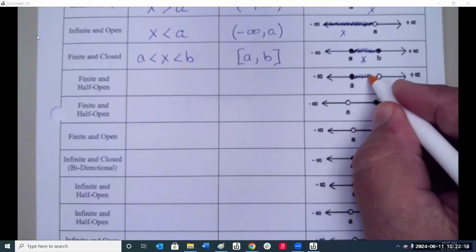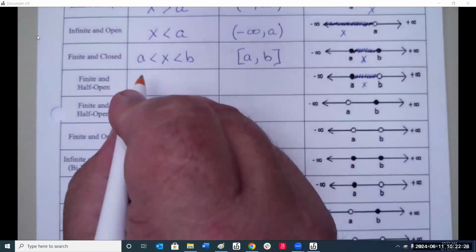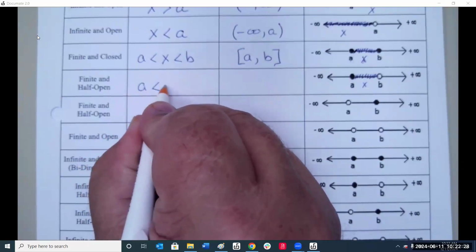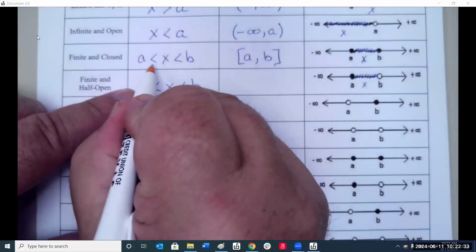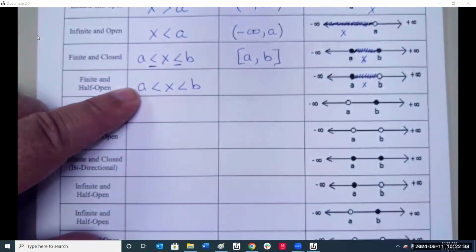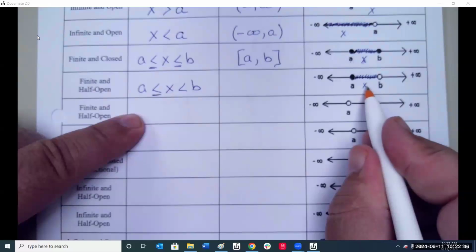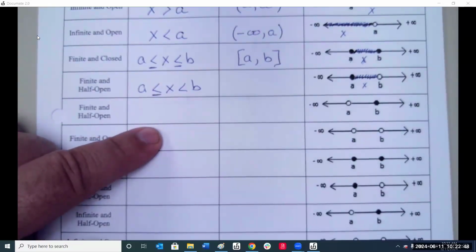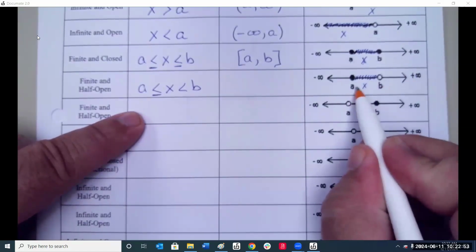The next one we're looking at is finite and half open, half closed. Remember, these are my x's. So a is less than x, which is less than b. Oops, hold it. I forgot these are here. These should be less than or equal to's because they're included. A is less than or equal to x, and x is strictly less than b. Look at the endpoints.